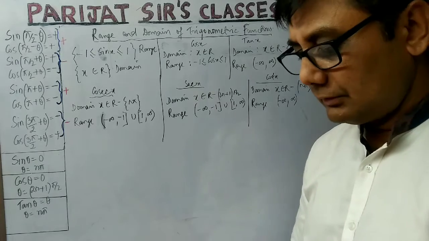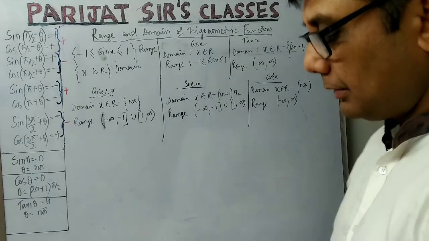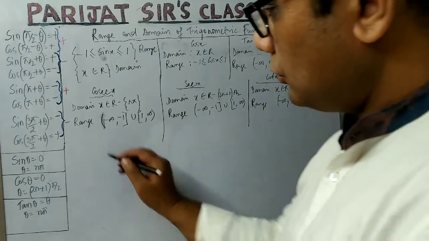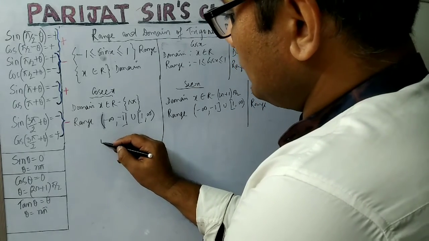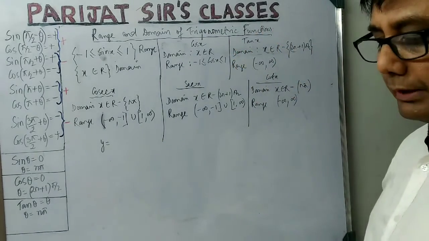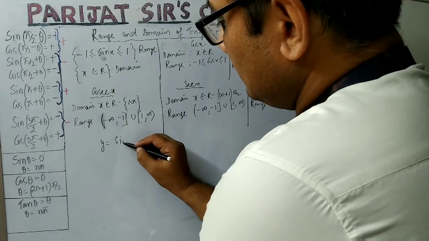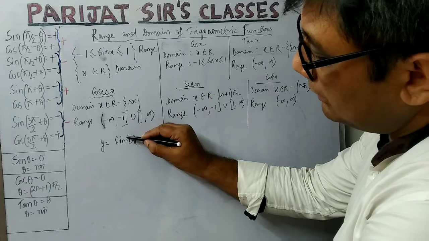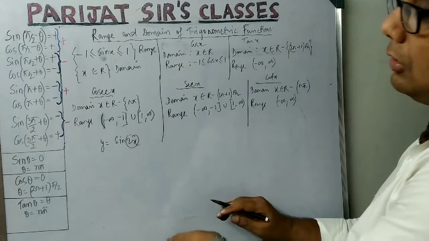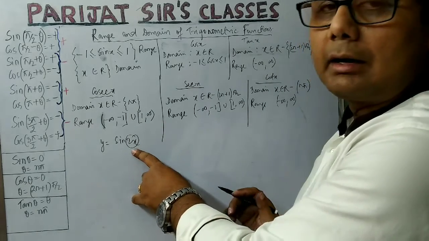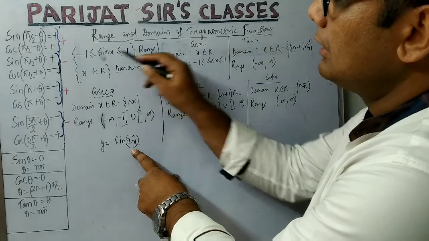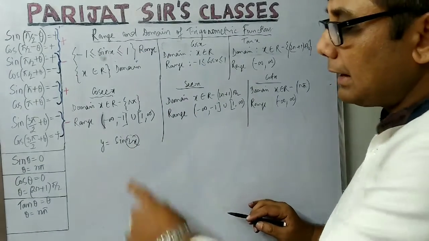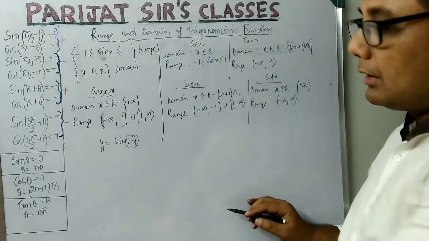Now let us discuss certain functions. For example, suppose I give you y equal to sin 2x. Always remember, this angle, whatever it can be, does not have any control over the range.